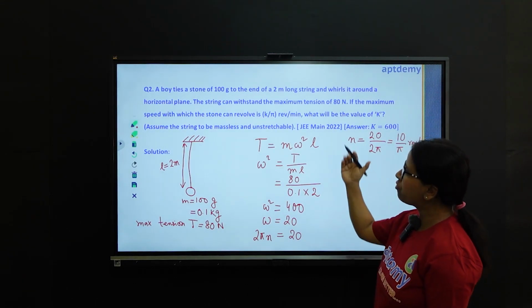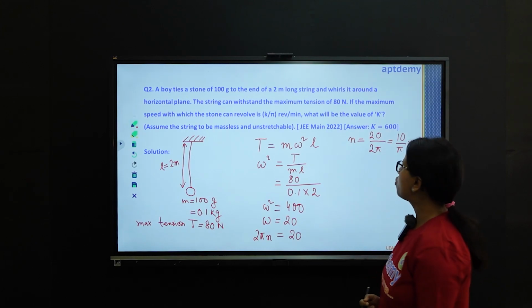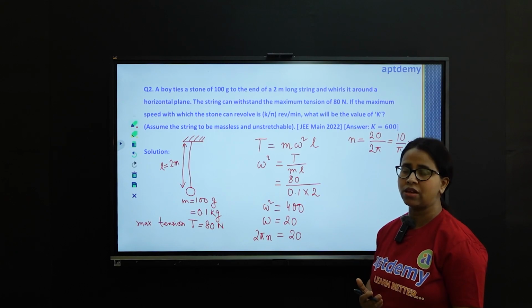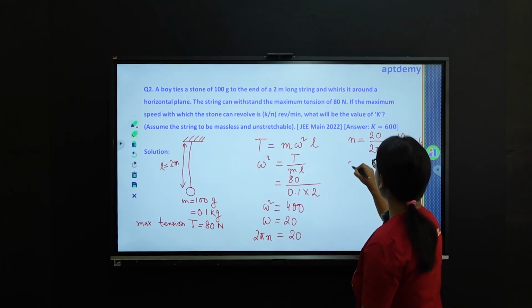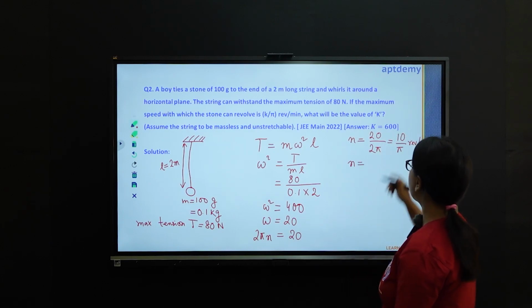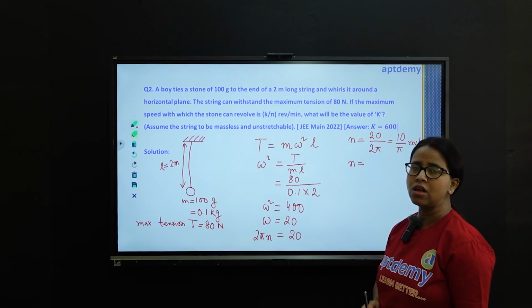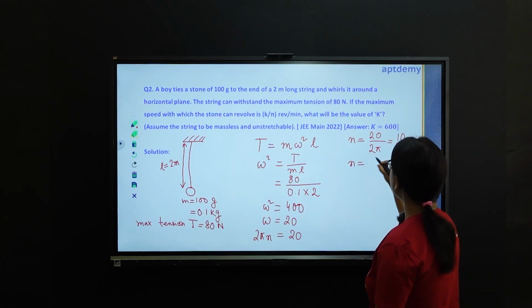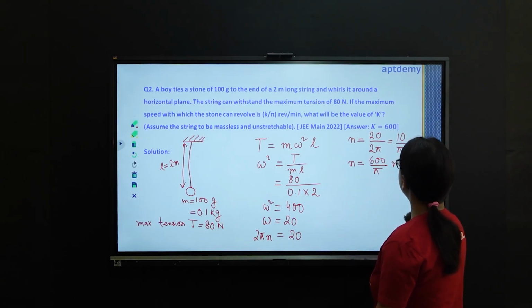Now, we have been given the speed in revolution per minute. So what we need to do here is change the value to minutes. That is, the time needs to be changed from seconds to minutes. So we have this as 10 by pi and second is in the denominator. So 1 second is equal to 1 by 60 minute. So this goes up and we have 600 by pi revolutions per minute.